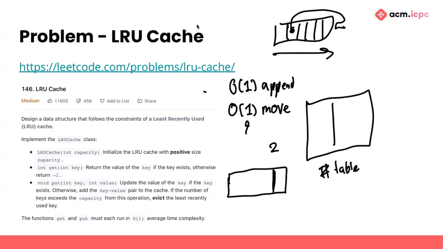It doesn't have this O(1) guarantee. But a normal queue, we also don't have that guarantee of being able to just pick something out of the middle and put it at the end, right? Because what are the operations we do on a queue or a stack? We either push to the top of the stack or pop from the top of the stack, or push to the back of the queue.